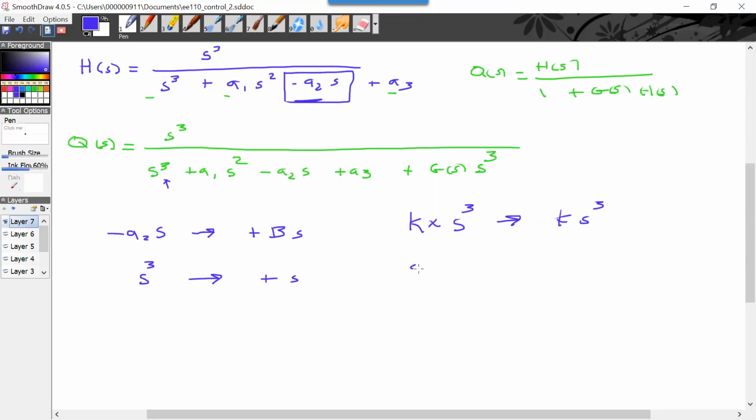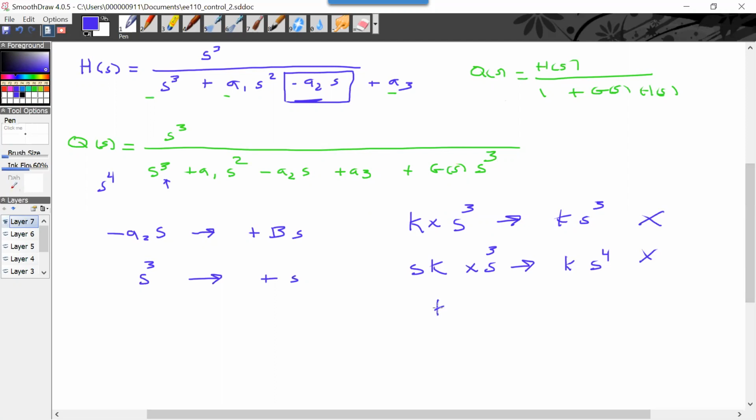No help there. SK times S cubed just gives me K S to the 4th. Well, okay, I could have an S to the 4th over here, but this would still be negative. So this one won't work, and this one won't work.